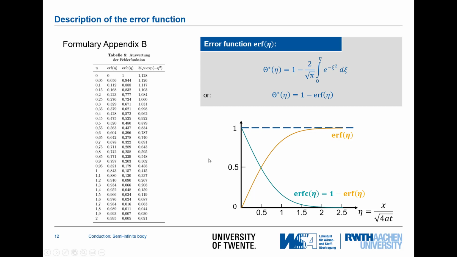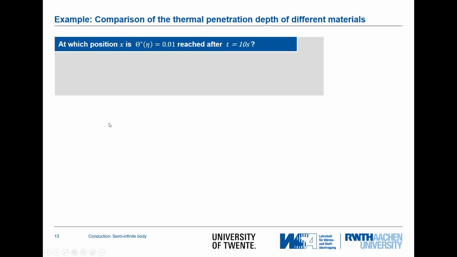We don't need to use a computer to calculate the error function. There are tables in the appendix of our formulary, book of formulas, and we can see for different values of eta, it gives us the value of the error function.